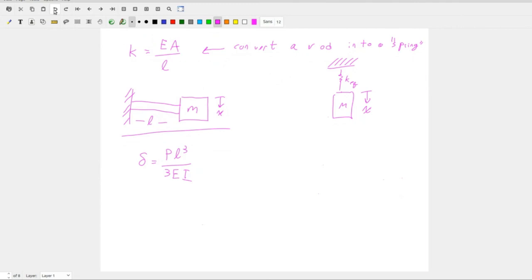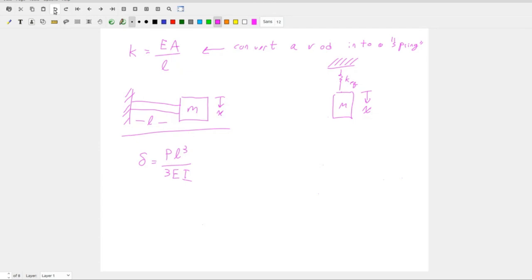So if we transform this into a system, we want to change out our P for F, our sigma for X, and thereafter the point load is replaced with an equivalent force F generated on the mass, right? So we're going to put an equivalent force F on the mass.